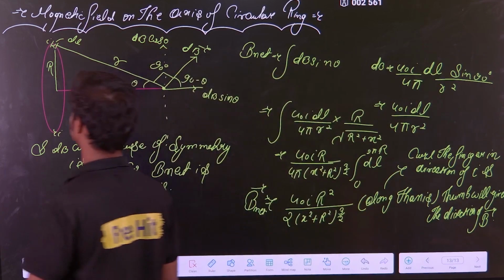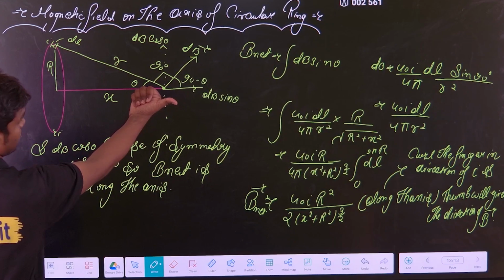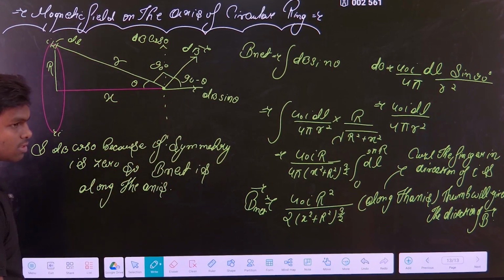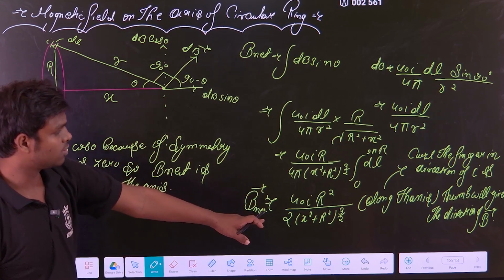Simple. Just curl the finger in the direction, and the thumb will give the direction of B. Clear? That is a rule which you have to remember.